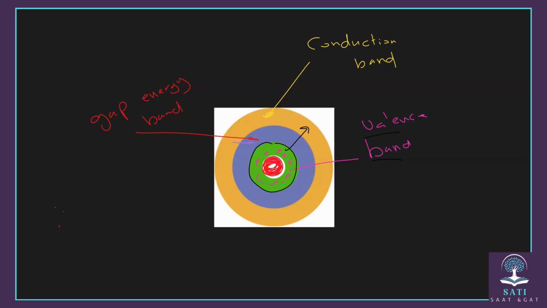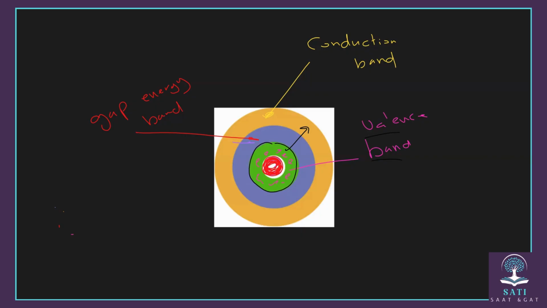So what are insulators? When the electrons around the material are located in the valence band and it's difficult for them to go up to a higher level, that means to the conduction band, in this case we call this material an insulator.